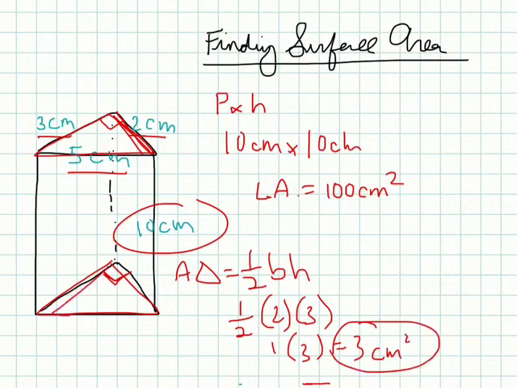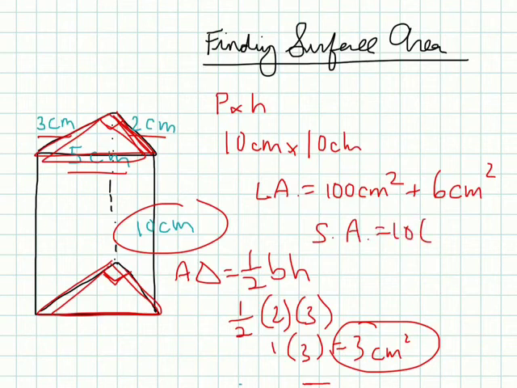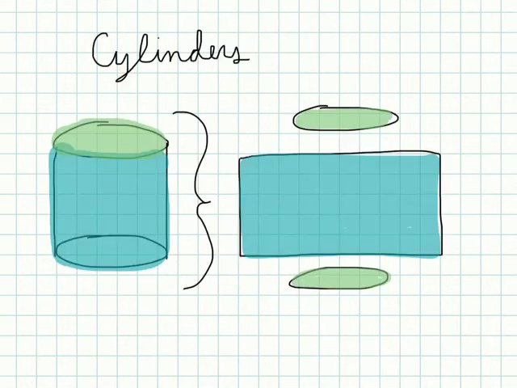And we have 2 triangles, right? 1, 2. So total, we have plus 6 centimeters squared. So the surface area of this equals 106 centimeters squared. It's pretty easy. Again, you just find the lateral area, and then you add that to the area of the 2 bases. And that's using formulas to find the surface area of a prism.